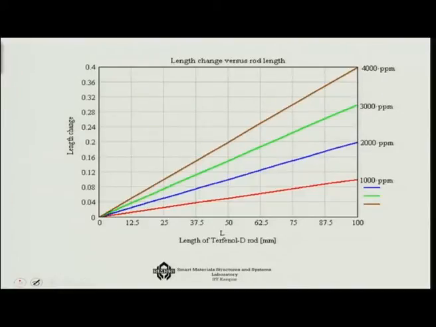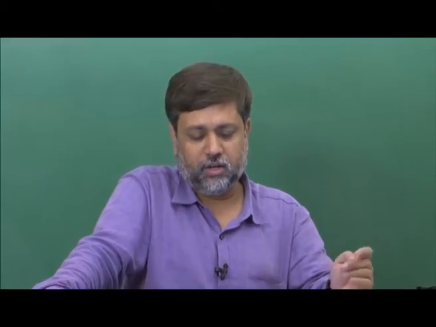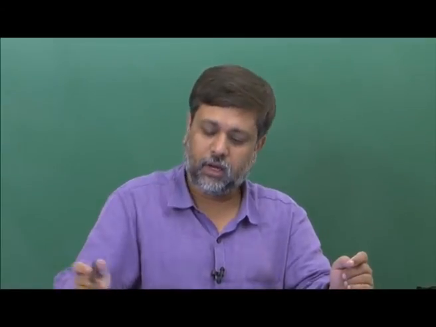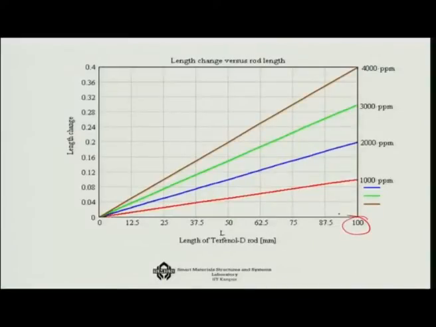Now, I told you that magnetostrictive material shows something like 2000 parts per million or a little more than that in terms of the active strain. So how much does it mean in terms of the change in length? Let's say I choose a 100 millimeter beam and apply this material over it, and the free strain is something like 2000 parts per million.